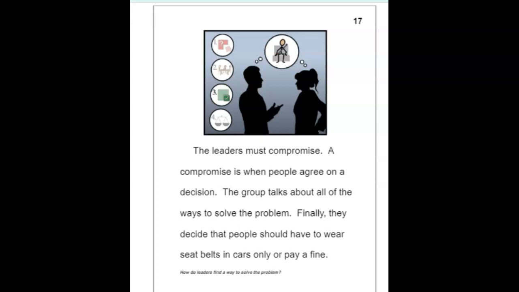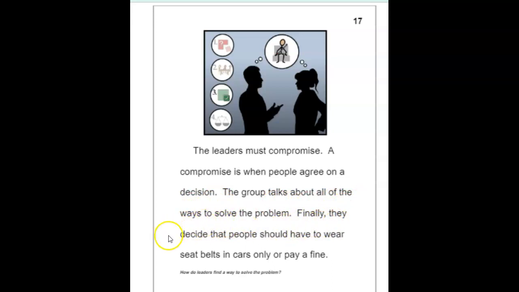My question for this page is, how do leaders find a way to solve the problem? The leaders must compromise. A compromise is when people agree on a decision. The group talks about all of the ways to solve the problem.